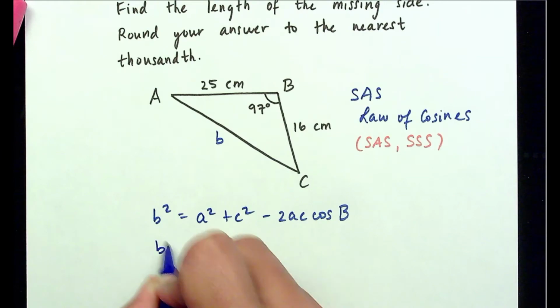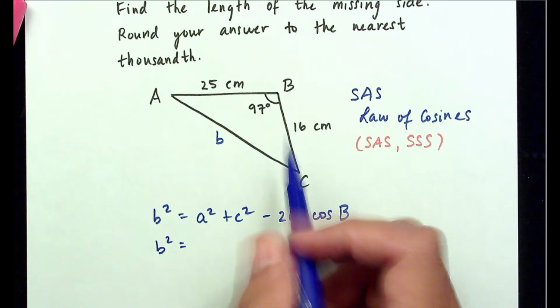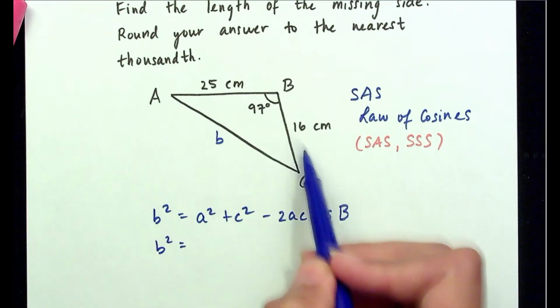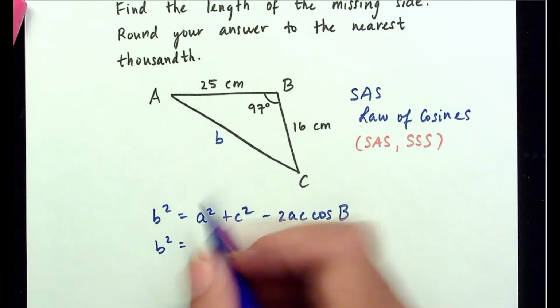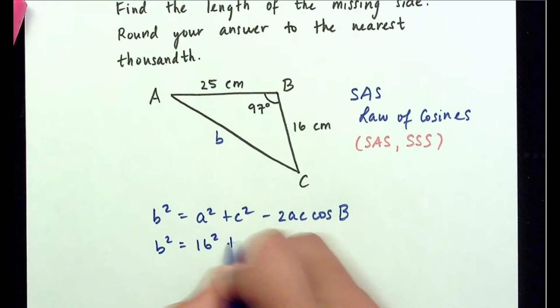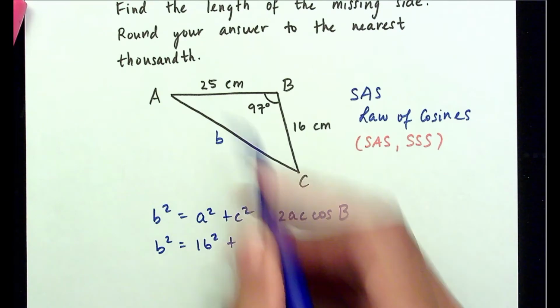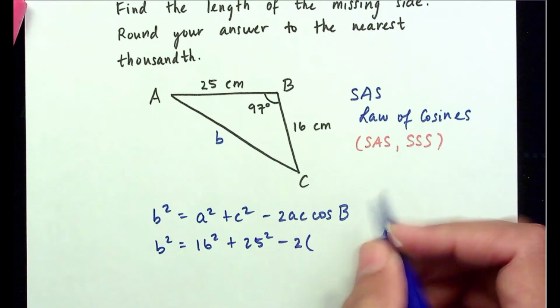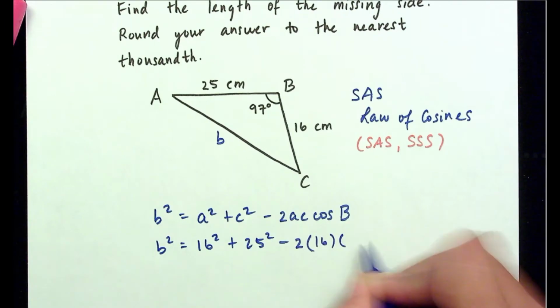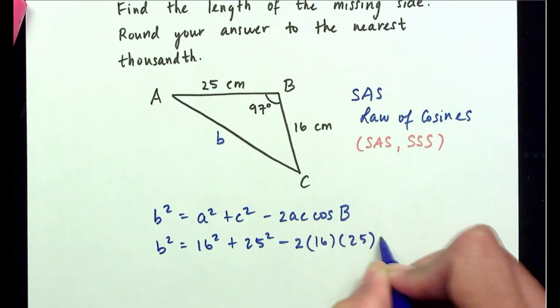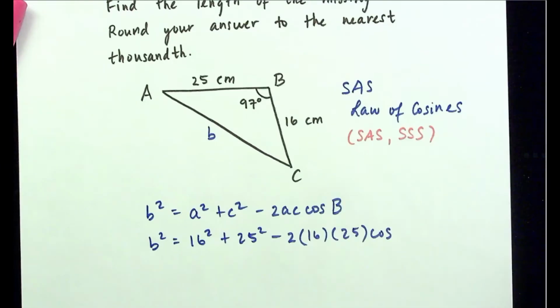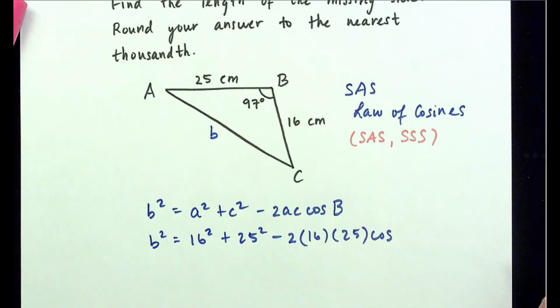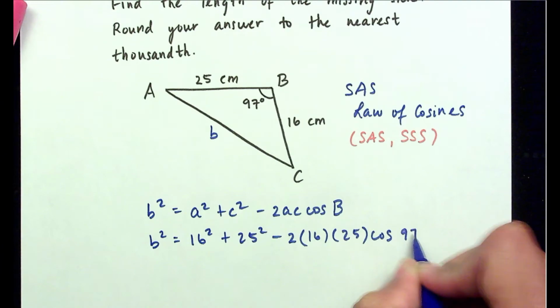So we get small b squared equals a squared. A is 16, opposite to capital A, so 16 squared plus C is 25 squared minus 2 times A, 16 times C, 25, times the cosine of capital B, which is 97 degrees.